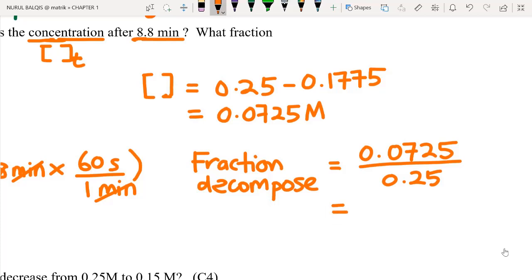Then you're going to get 0.29. Since it's a fraction, we already cancel out the unit. That's why we got no unit for fractions.